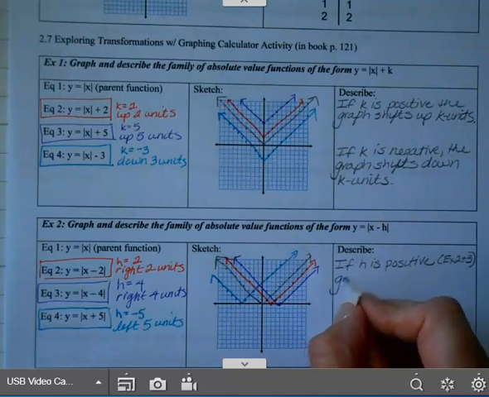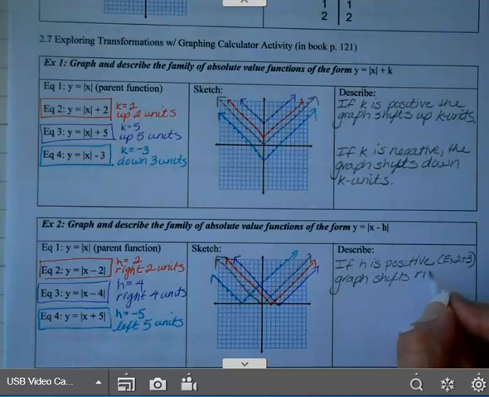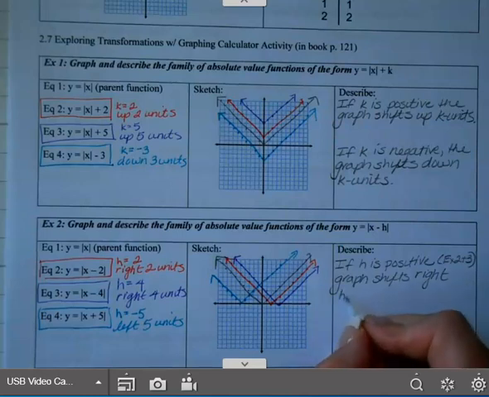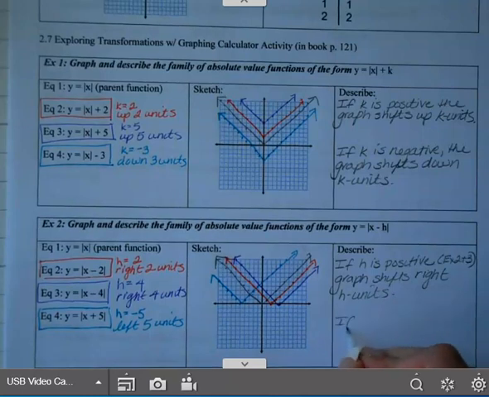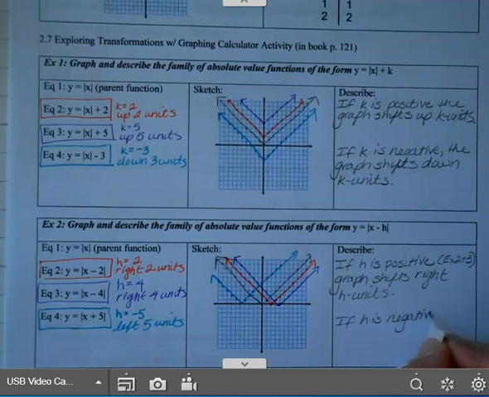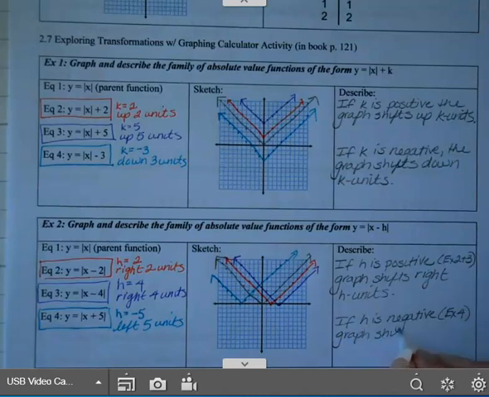So the graph shifts or translates right h units. If h is negative, and that was like example 4, the graph shifts left h units.